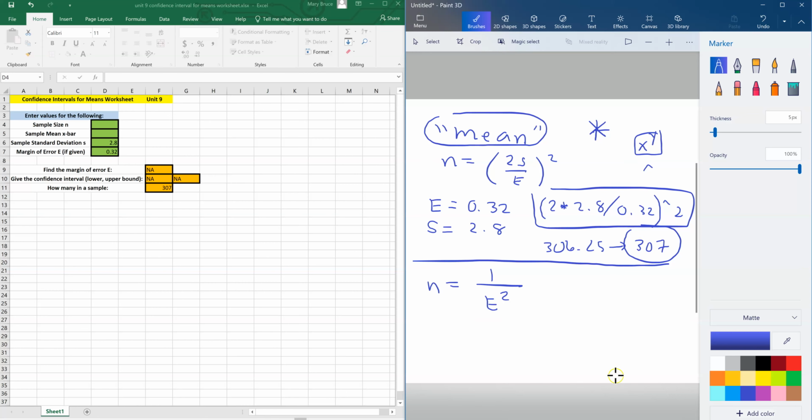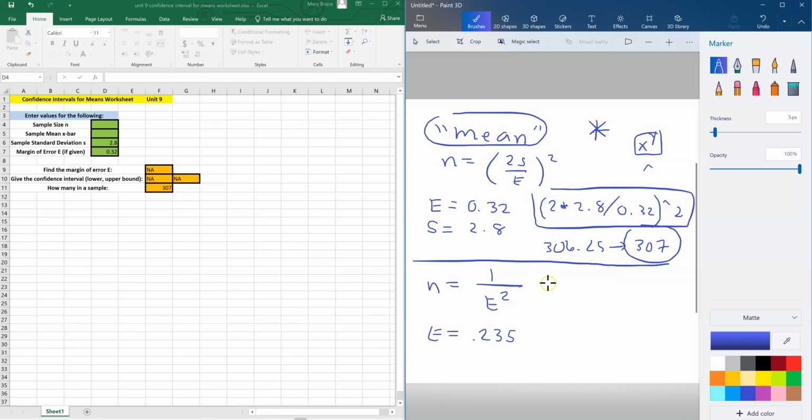All right, let's look at the second sample size question, which was the one that I said would not give you any keywords, mean or proportion, and all it would give you is the E. Well, let's suppose hypothetically they tell you that they want you to achieve a margin of error, that's going to be our E, of, say, 0.235. I'm just making that up hypothetically.